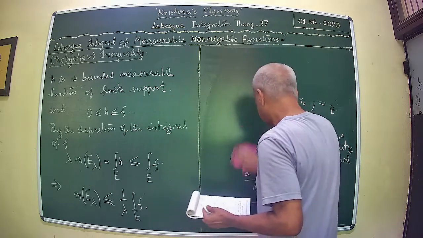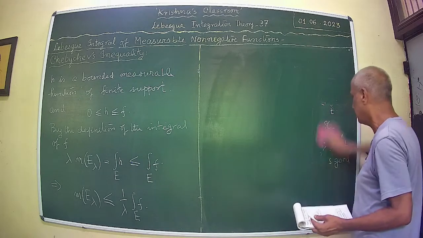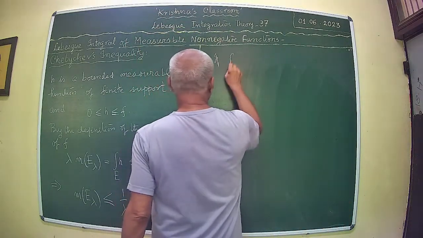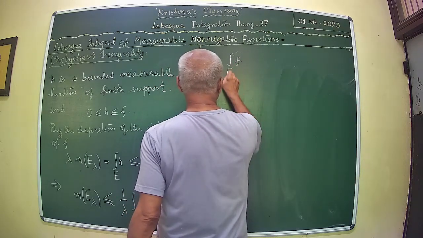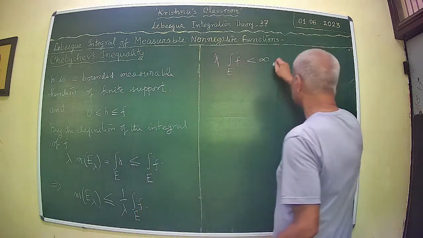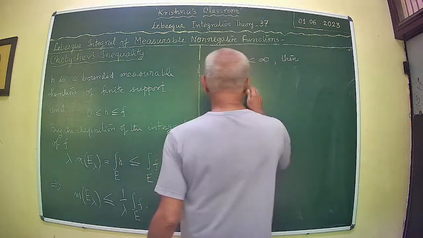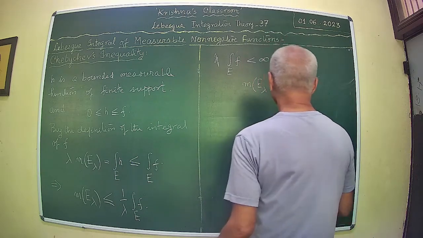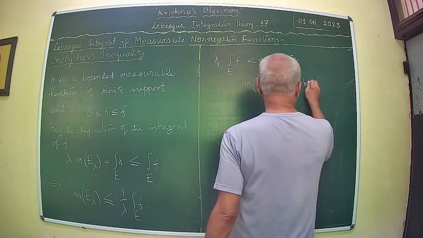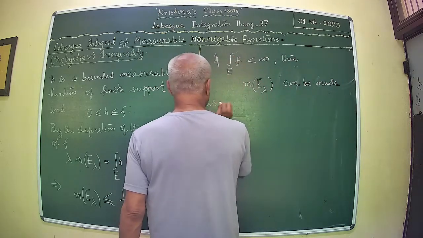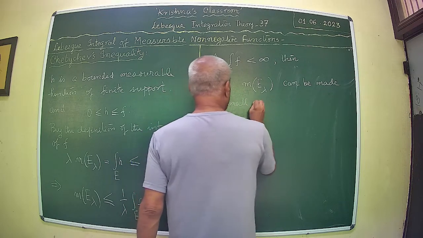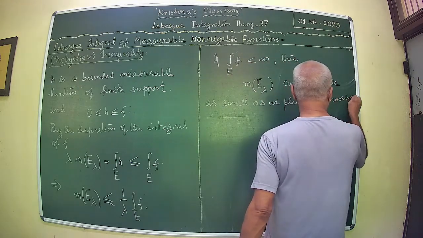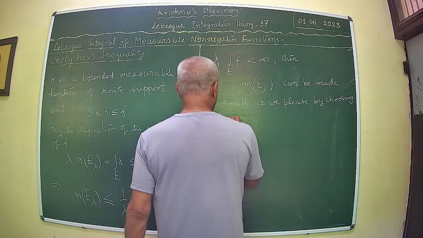Now, one of the conclusions that you can immediately make is that measure of E lambda can be made as small as you like by choosing lambda large.